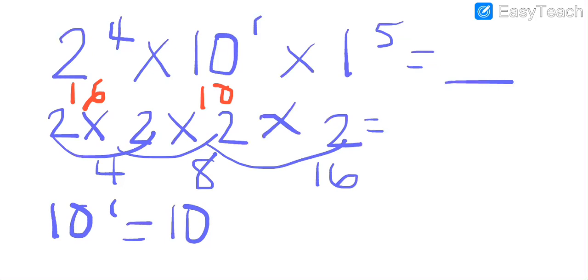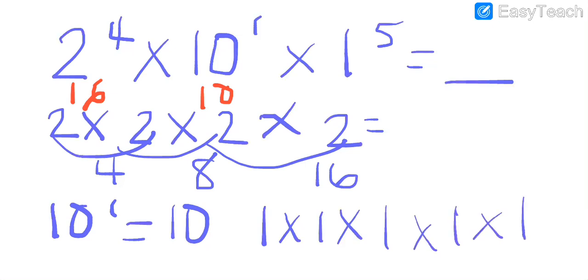And then we finally have 1 to the 5th power. So 1 to the 5th power would be 1 times 1, 5 times, right? Okay. All right, 1, 2, 3, 4, and 5.